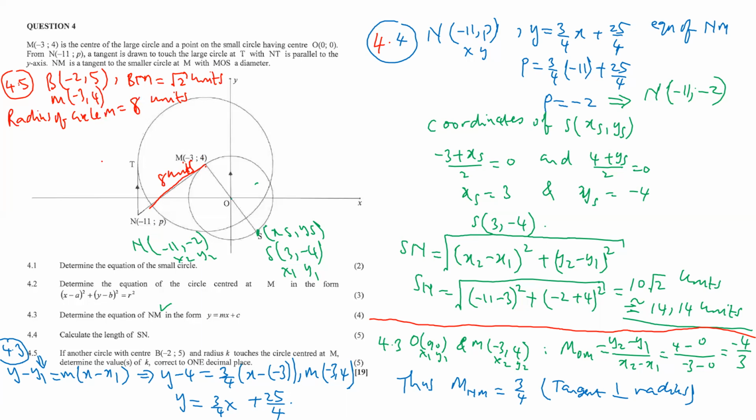Right, so now we are taking the point B, whose coordinates are -2 and 5.